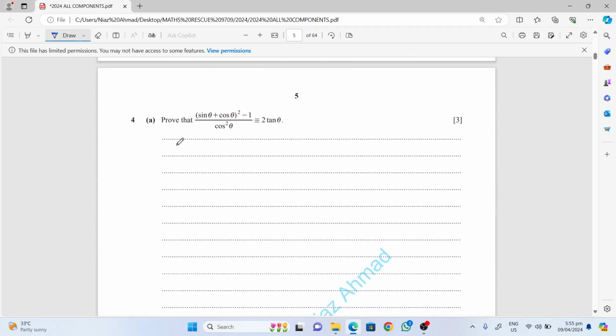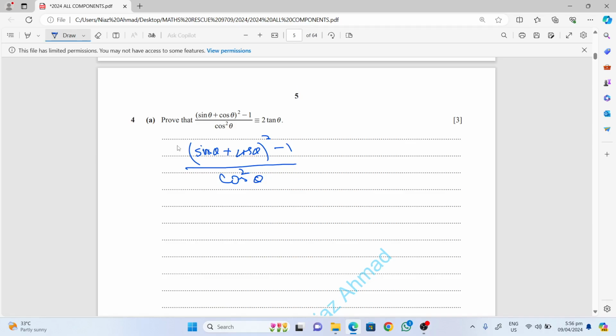Prove the identity. I have to take this side and prove the right hand side. So I'm taking the left hand side. So left hand side is (sine theta plus cos theta) whole square minus 1 over cos square theta.